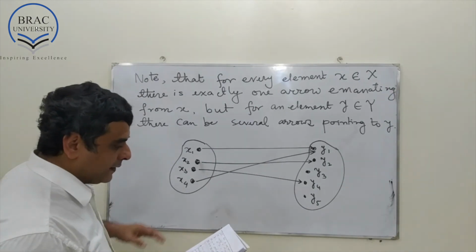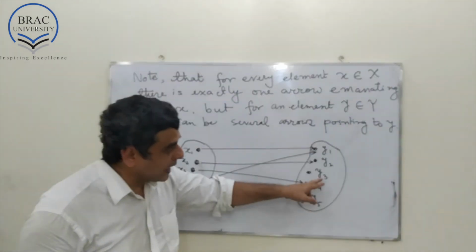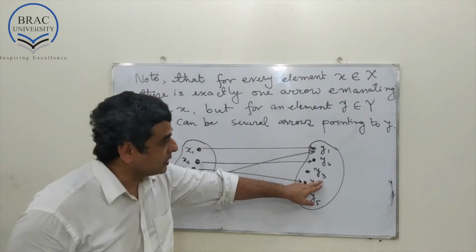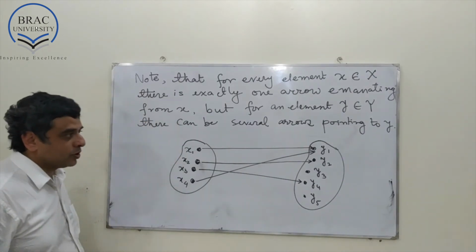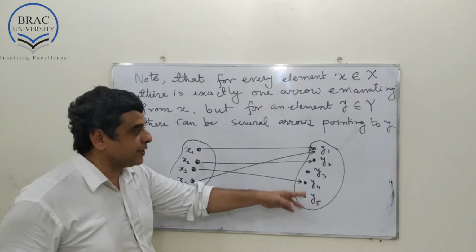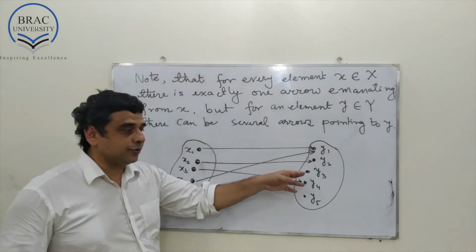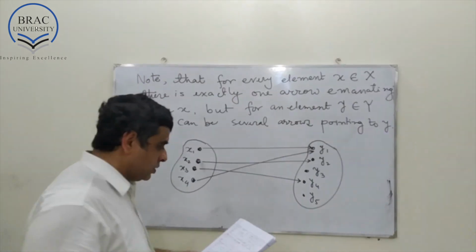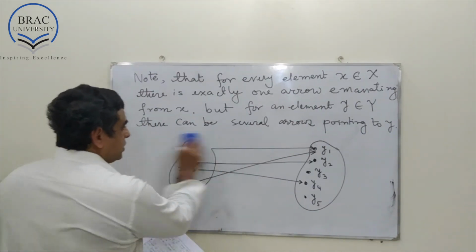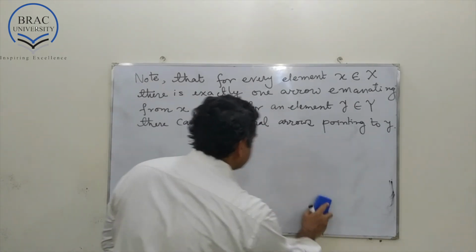Meaning that there can be no arrows at all pointing to elements of Y, such as y3 and y5. For y3 and y5, there are no arrows pointing to them. Now, this was the general definition of a function.